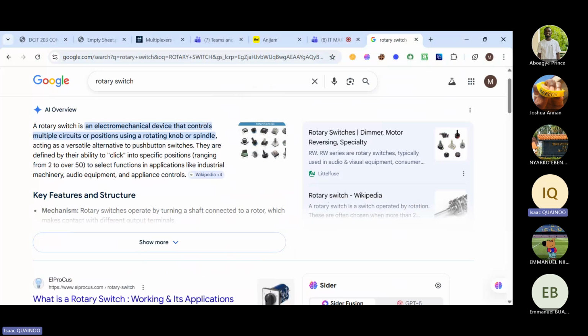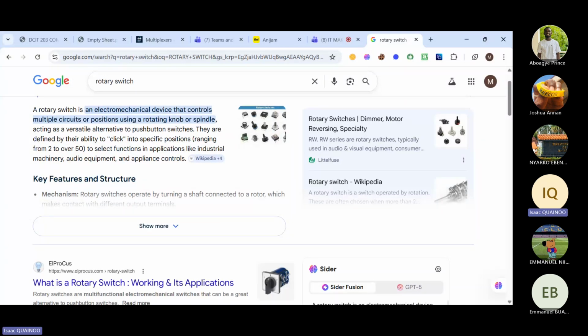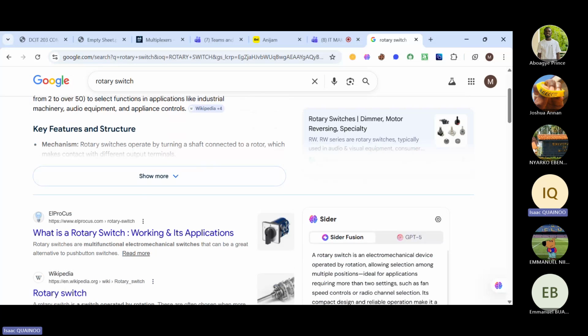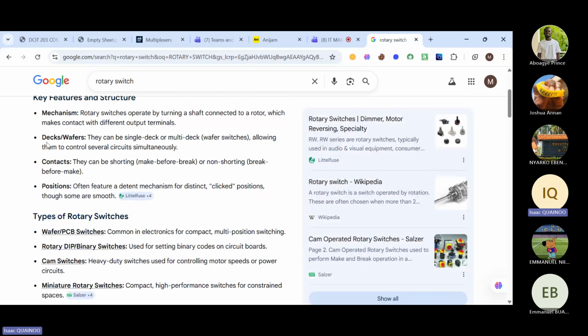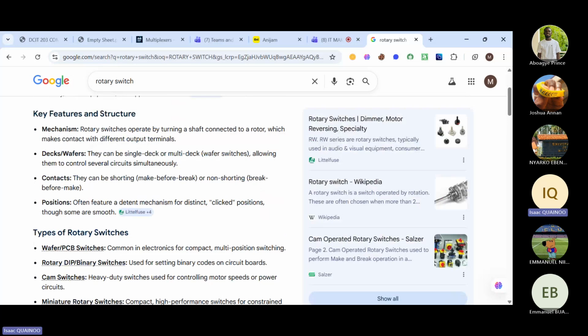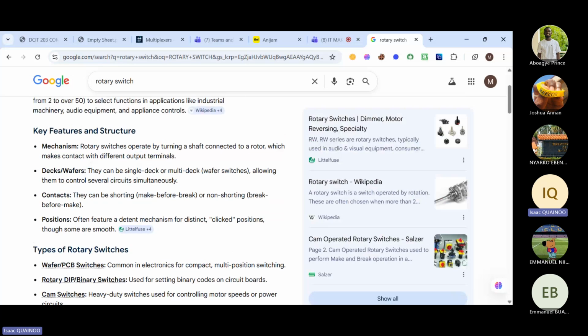They are defined by their ability to click into specific positions ranging from 2 to over 50 to select functions and applications like industry machines, audio equipment, and appliance control. So rotary switches here is the closest to a multiplexer. If you are to look for devices that employ the same logic as a multiplexer, you see that rotary switches are one of them.